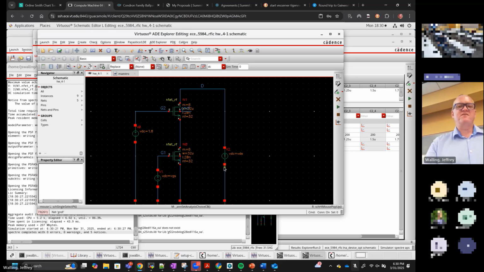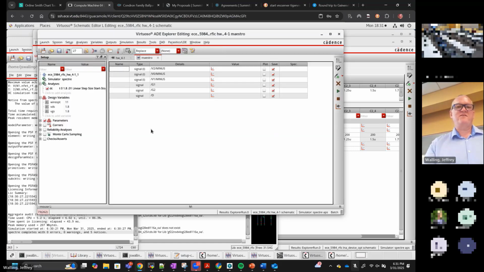So the drain current in this particular case is really the current that's flowing through this V2 supply. So if you select the V2 minus terminal as an output, that will plot what you might have come to expect as a characteristic curve for a transistor.